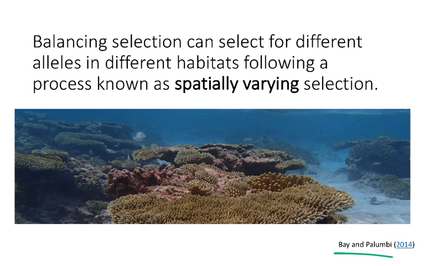And what they found is that in these different habitats, balancing selection is actually selecting for different alleles based on the different habitats. So that's how this spatially varying selection comes into play. So selection is acting differently to maintain different alleles depending on the habitats and their corresponding temperatures.